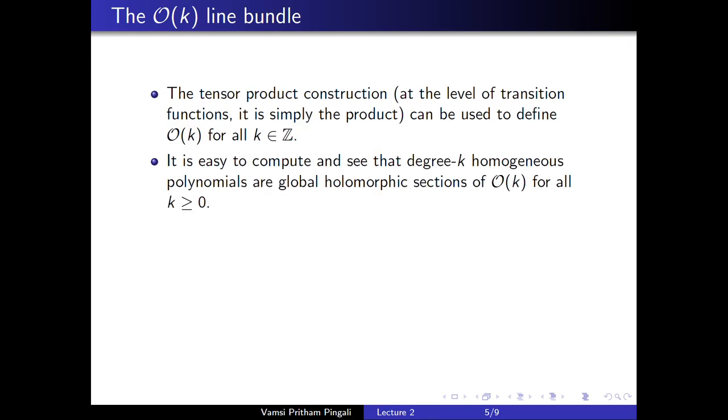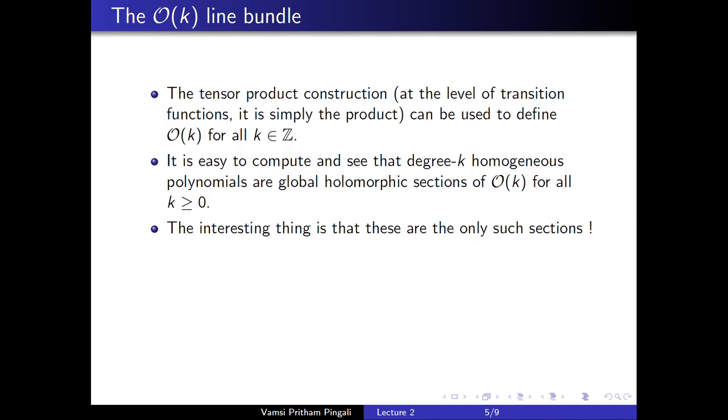Just like degree 1 homogeneous polynomials are holomorphic sections of the O1 bundle, I'll leave it as an exercise for you to see that degree k homogeneous polynomials are global holomorphic sections of OK for all non-negative k. The fascinating point is these are the only sections of OK, which also tells us something very interesting.